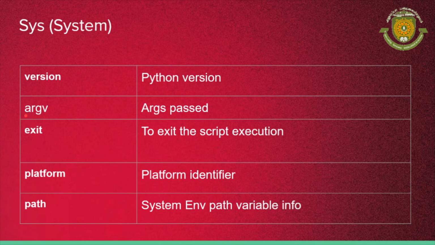In that we'll go through this argv and how to use all this stuff. exit will simply exit your script, and platform will provide identifier like Windows, Linux, or Mac. This platform identifier will be there in sys. path will give you an environment variable path from sys module.